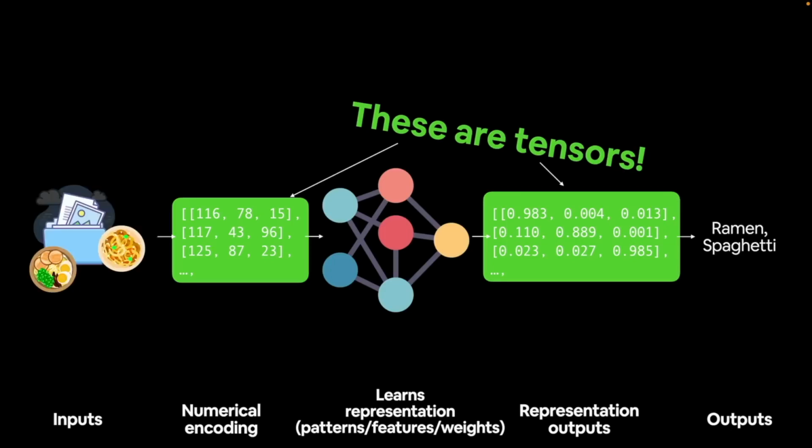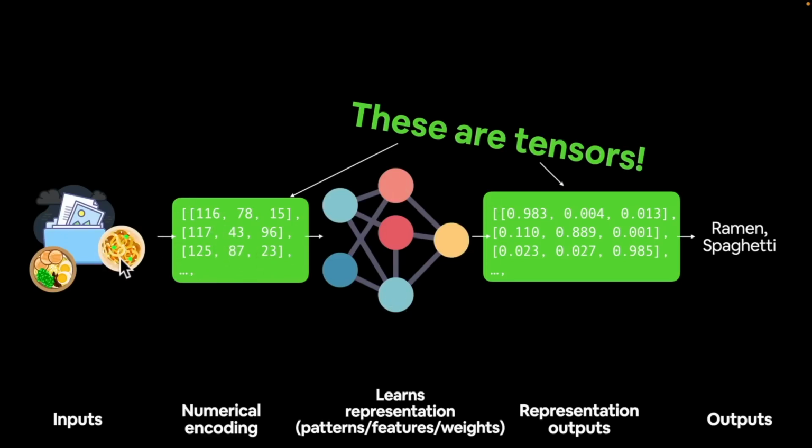So to remove a lot of the text around it and make it a bit clearer, if we were focusing on building an image classification model, so we wanted to classify whether this was a photo of ramen or spaghetti, we would have images as input. We would turn those images into numbers, which are represented by a tensor. We would pass that tensor of numbers to a neural network, or there might be lots of tensors here.